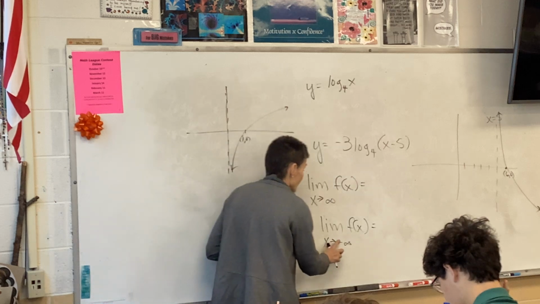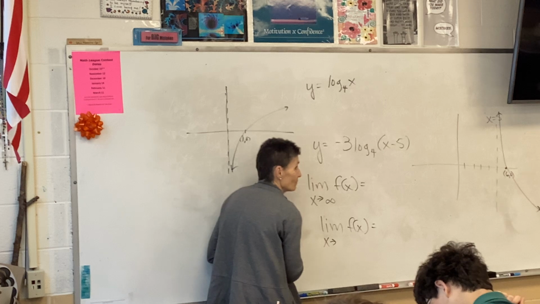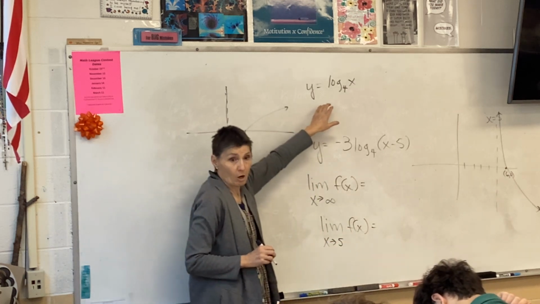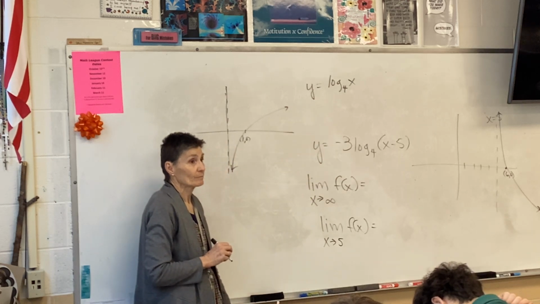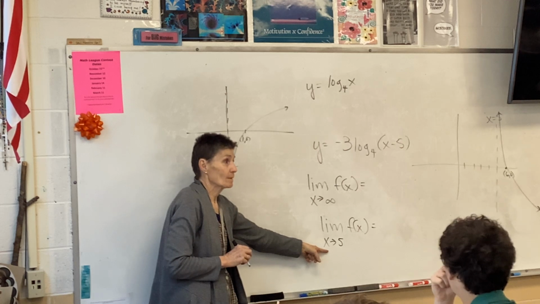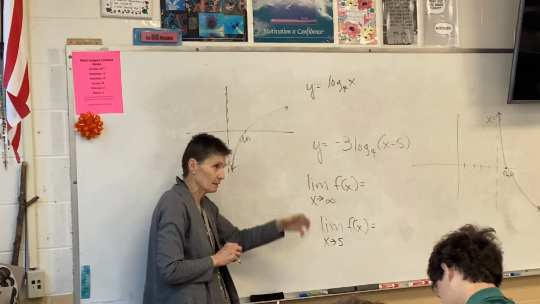So this isn't going to be negative infinity, it's going to be 5 for our problem. For the regular logarithm, it would be 0. But for our problem, it's 5. Does that make sense to everybody? This will be an easy place to miss points if you're not thinking clearly.